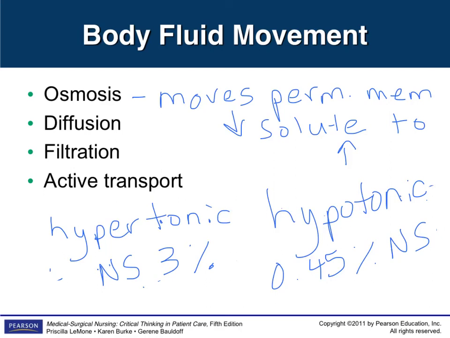So if I would give a hypotonic solution, I'm going to reduce sodium concentration and osmolality and try to move that water back into the cells. I'm trying to take the fluid and use it to help go back to that homeostasis state.